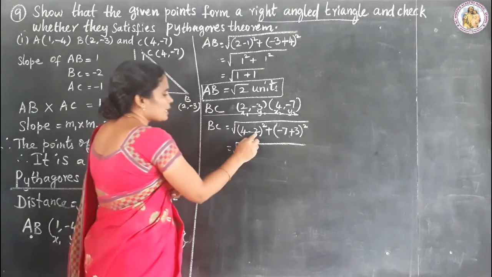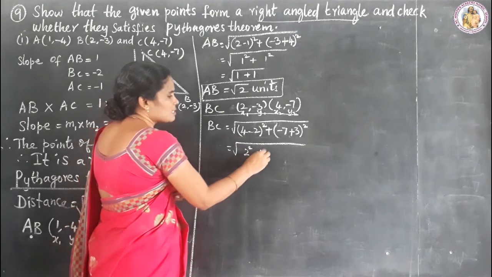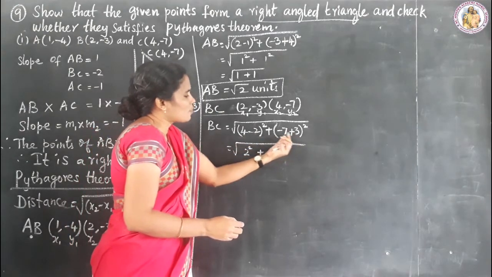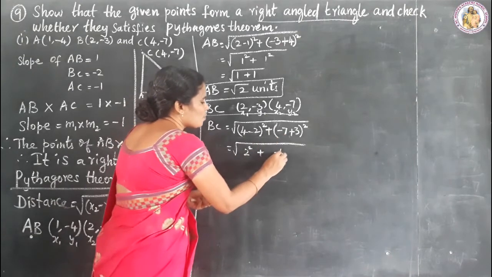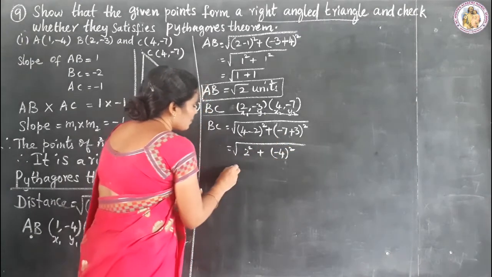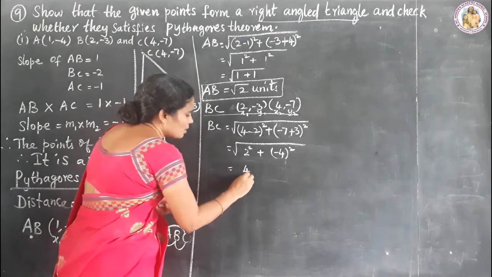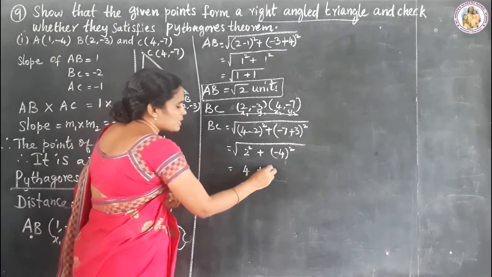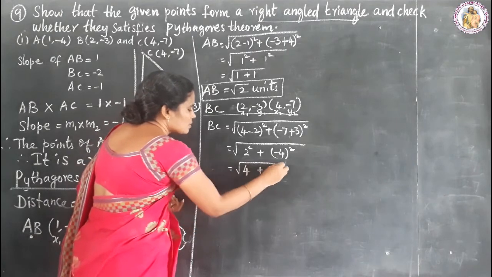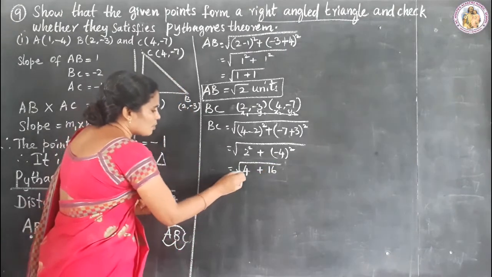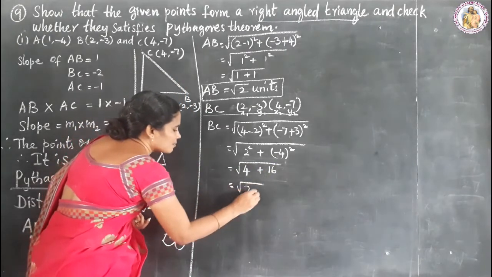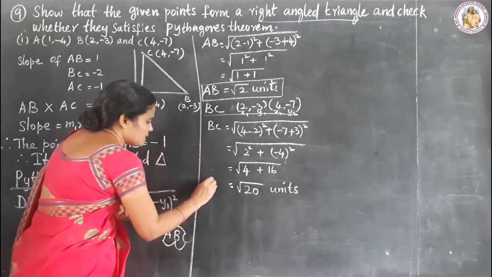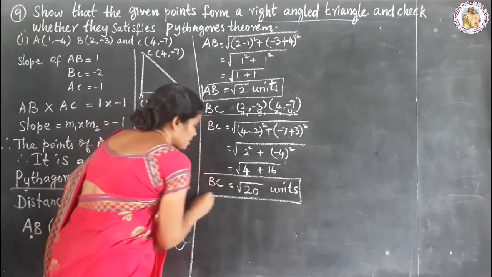So 4 minus 2, 2 square, plus different sign, 7 minus 3 is 4, 7 is greater, so minus 4 whole square. Okay, 2 into 2 is 4, plus 4 into 4 is 16, minus into minus is plus, so 4 plus 16, root 20 units. So BC is equal to root 20 units.